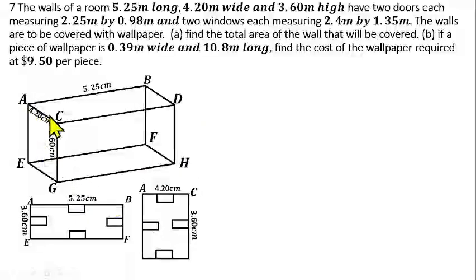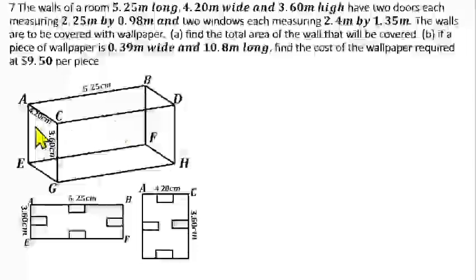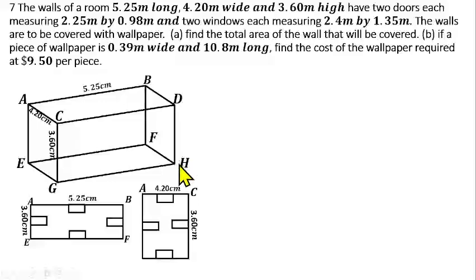Then A, C, E, G is another wall, and the one facing it, which is B, F, H, D, is another wall. The top here is the roof, and E, F, G, H is the ground. So that means you are working on 4 walls.